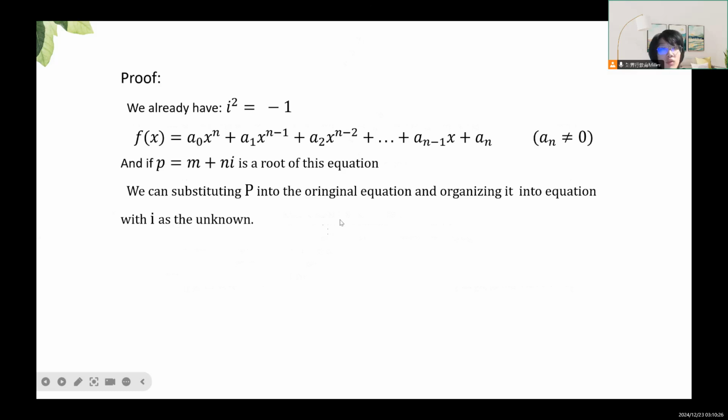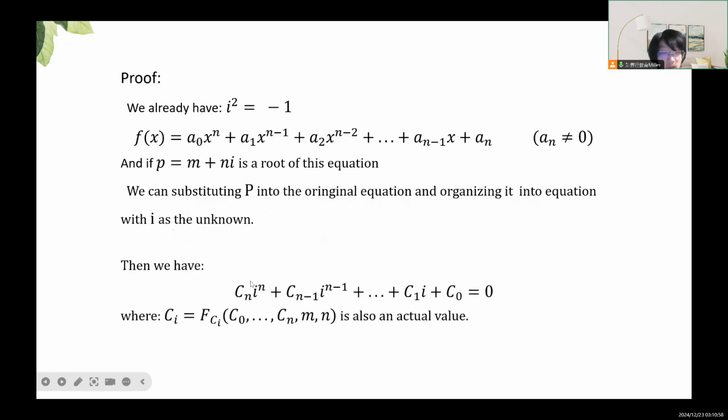We have the proof of this. We already have i squared equals minus 1, and if p equals m plus ni is a root of this equation, we can substitute p into the original equation and organize it into an equation with i as the unknown.